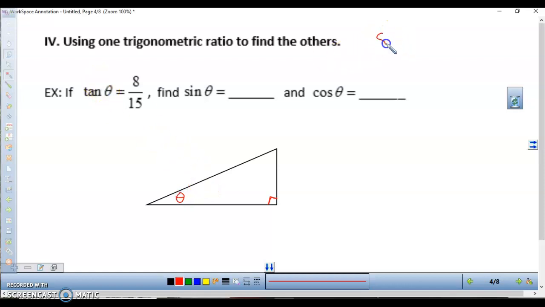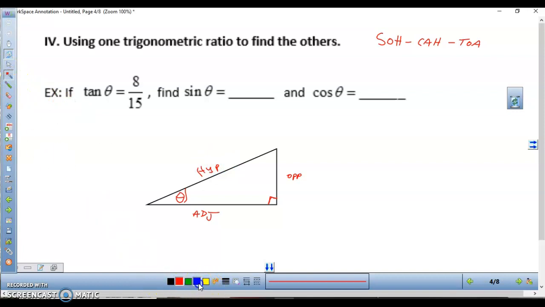Now, again, SOH CAH TOA. I know that tangent is opposite over adjacent. So relative to this angle theta, this is my opposite leg, because it's opposite it. This is my adjacent leg. It's the leg that touches it. And this is my hypotenuse.